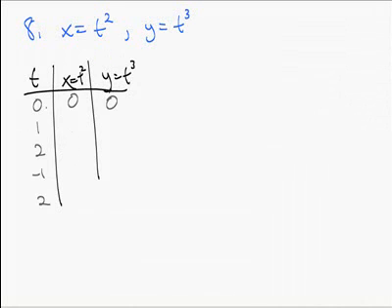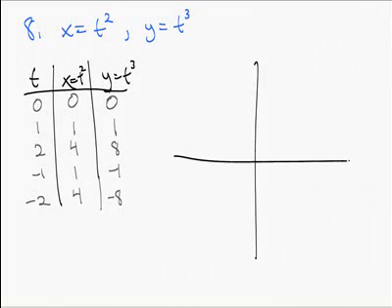So we're at the point 0, 0 at time t equals 0. 1 second after that, we're at the point 1, 1. t squared is 1, t cubed is 1. 2 squared is 4, 2 to the third is 8. So at 2 seconds we're at the point 4, 8. If we go into negative time, negative 1 squared is positive 1, negative 1 cubed is negative 1, and negative 2 for t gives us a positive 4 for x and negative 8 for y.